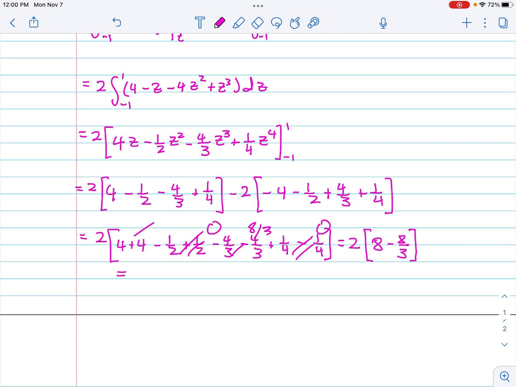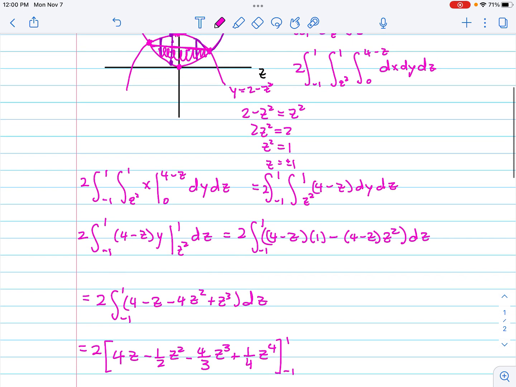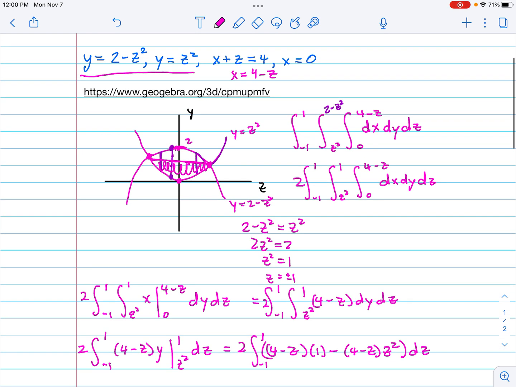We get 2 times 24 minus 8 over 3. Yeah, I think so. Okay, so let's see here. This is 2 over 3 times 16, and that's 32/3. Yeah, there it goes. Perfect. So the challenging part really is just figuring out how to set up these boundaries. That's what we need practice with.